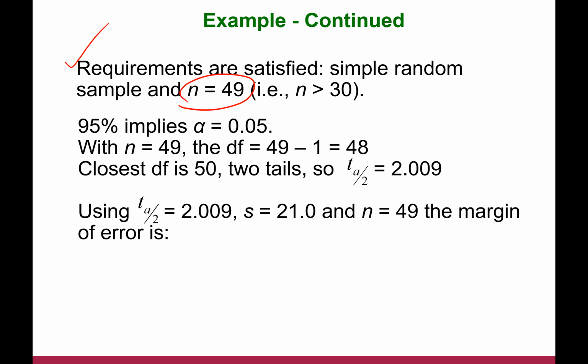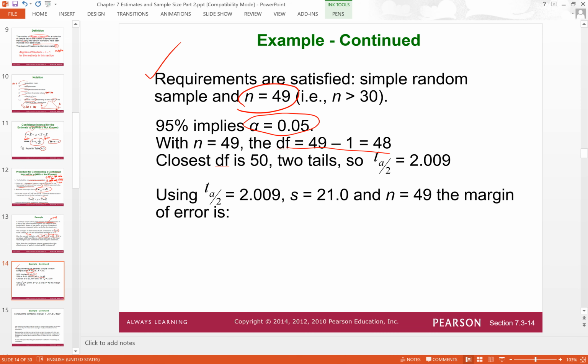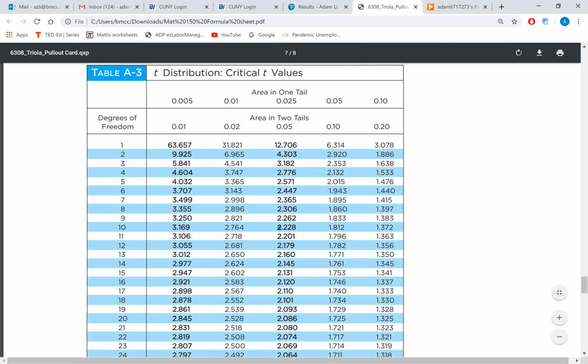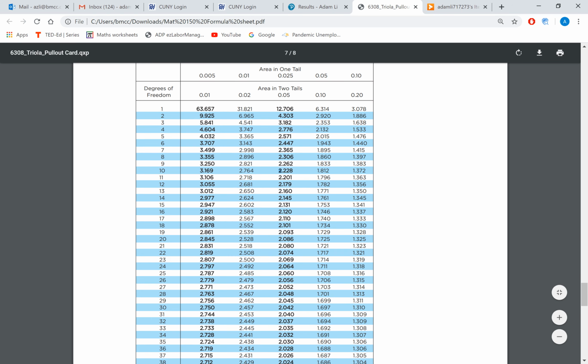Check that first. A 95% confidence level implies alpha equal to 5%, which is 0.05. And the sample size is 49, so the degree of freedom equals 49 minus 1, which is 48. If you go to table A3, as you can see, there's no exactly 48 here.